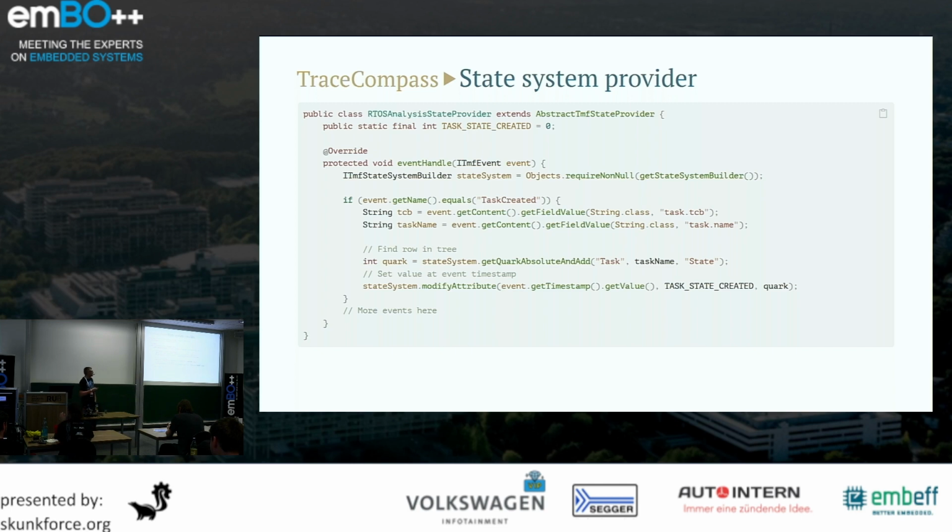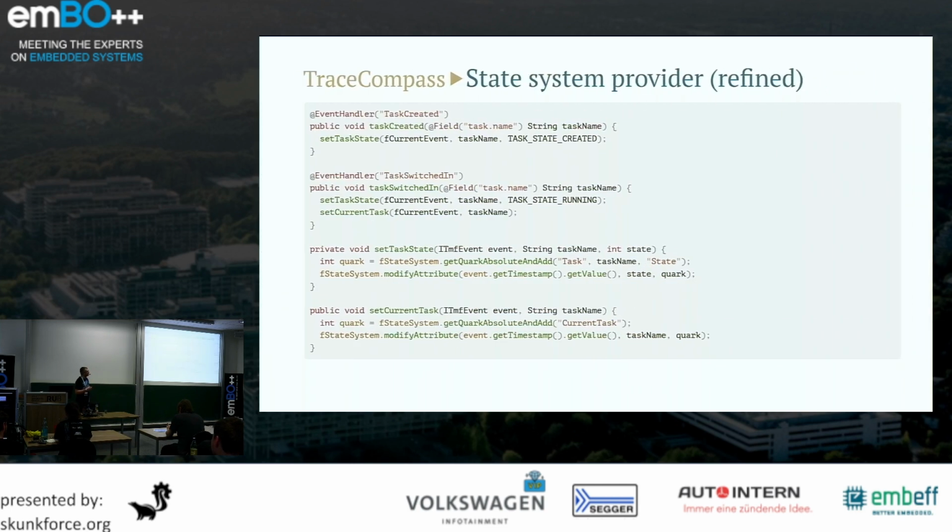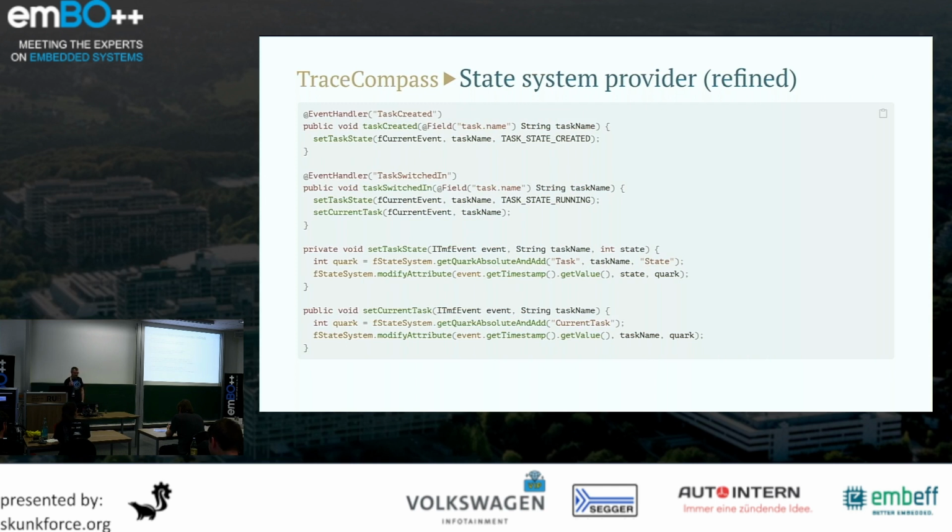For people who don't want to write ifs, or think that ifs shouldn't be used, we can also use some reflection and metaprogramming in Java to simplify it a bit. So we now have a function annotated with the type of the event, parameters annotated with the name of the fields, and a bit of reflection magic to call this function from the state system provider.